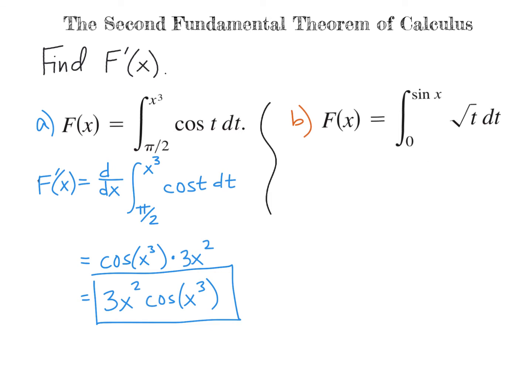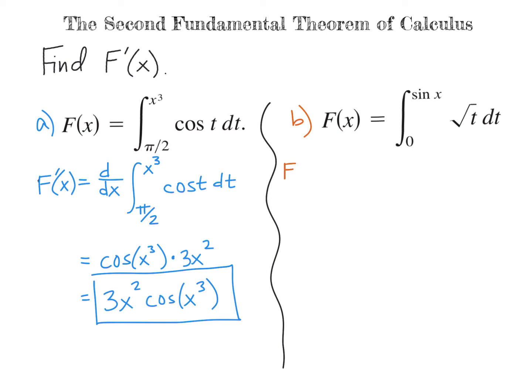The important part here is that when we use the second fundamental theorem of calculus and our upper limit of integration is not simply x, but rather, for example, x cubed or the sine of x, something involving x but not simply just x, we do have to account for that chain rule being used. So in this case, it's still very simple of just plugging in that upper limit involving x into this function here. However, when it's not just x, like here it's x cubed, we do have to multiply by the derivative of that to account for the chain rule. Let's take a look at part B.